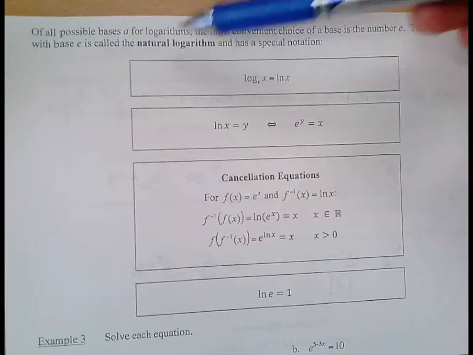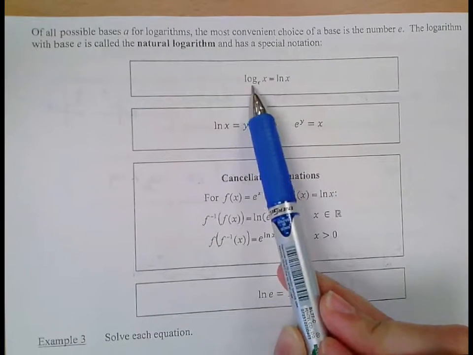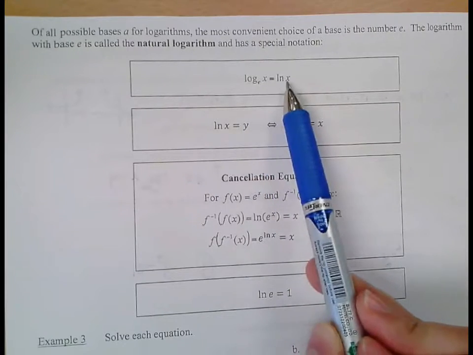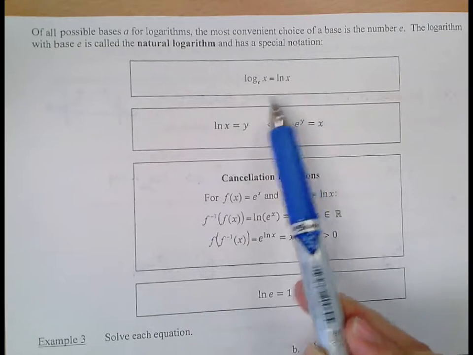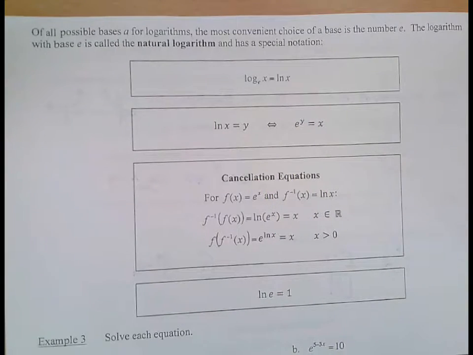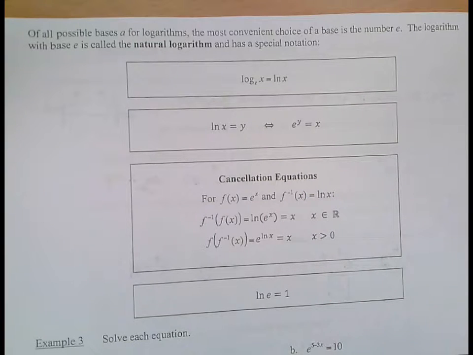Of all possible bases for a logarithm, the most convenient choice is the number e, and the logarithm with base e is called the natural logarithm and has a special notation. So you won't see log base e of x, it's written as the natural log of x. You can always rewrite it as log base e if that makes more sense to you, but I would really encourage you to get used to the natural log notation because it's used the most often.